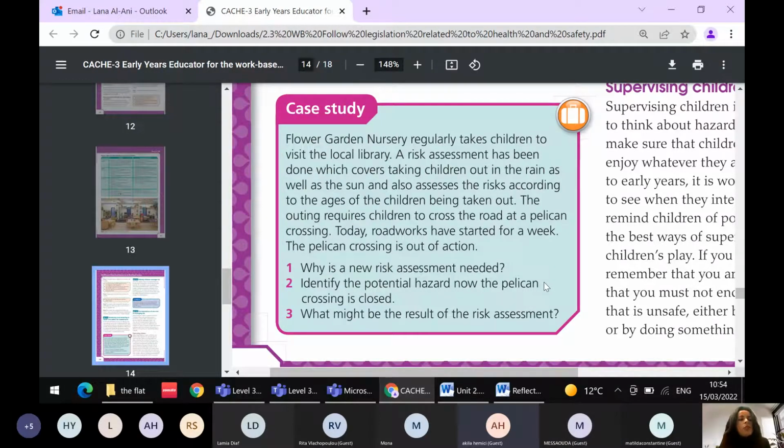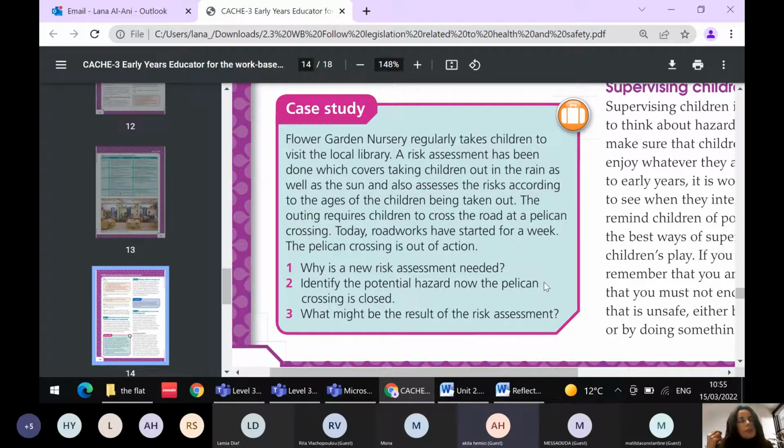And also we check, is this certain activity good for the child's age? Because we might take them out for certain activities, but the age is not appropriate for this type of activity. They are too young to play, for example, football with the older kids. That's why we should always do risk assessment. So it is very important for us to do it.